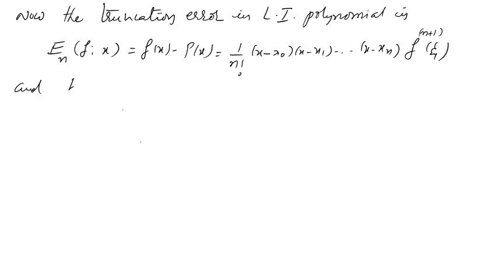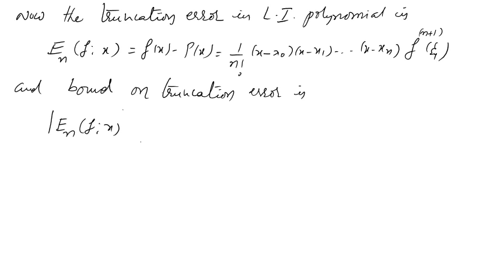And the bound on truncation error is modulus of en of f of x is less than or equal to 1 by n plus 1 factorial. What is that?